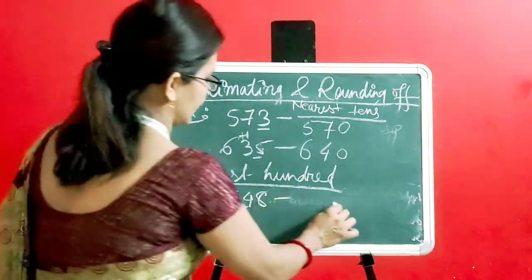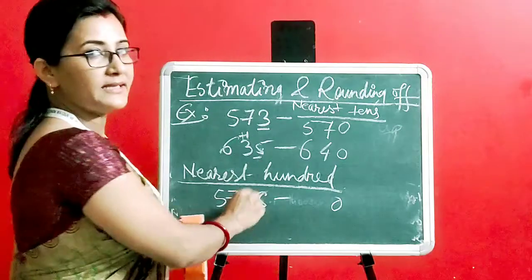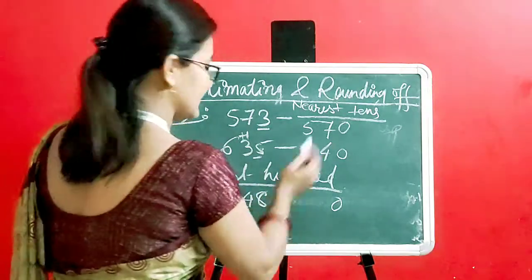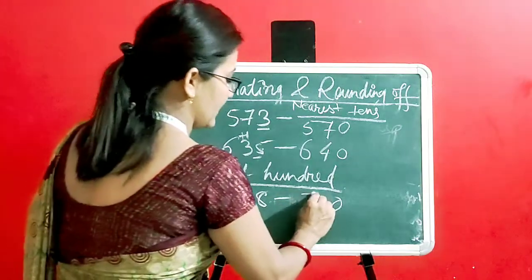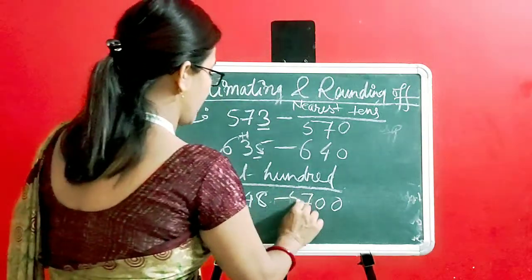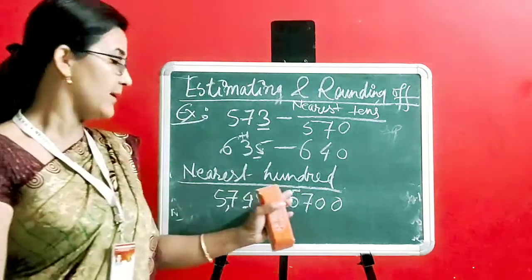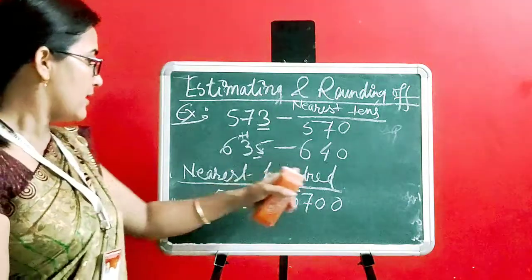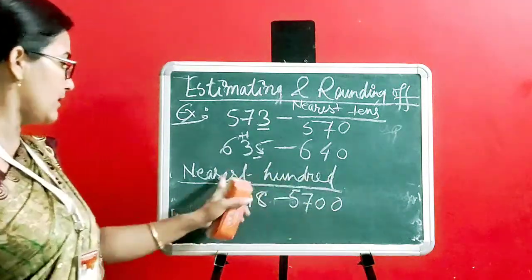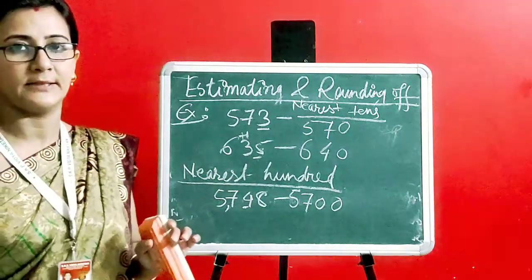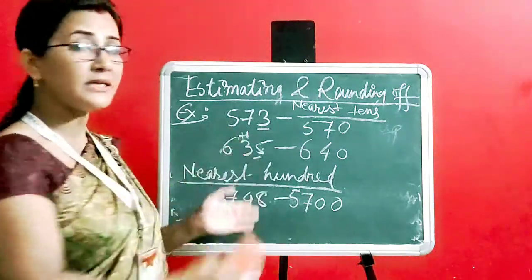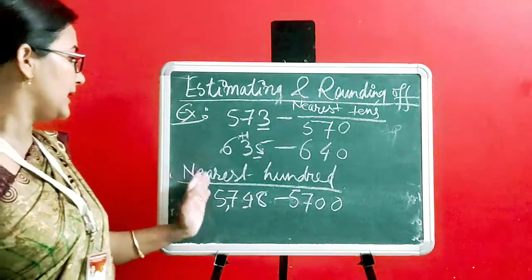In place of 8, it will be 0. The tens place is 4, which is less than 5, so here also 0. The 7 will remain as it is, and 5. So 5700 is the value of 5748 rounded to the nearest 100.